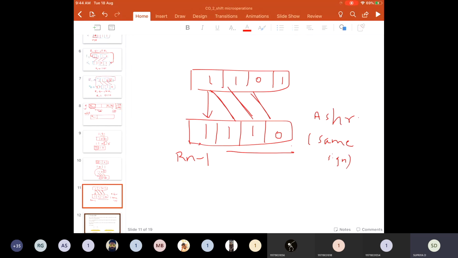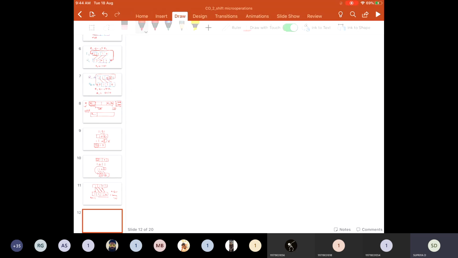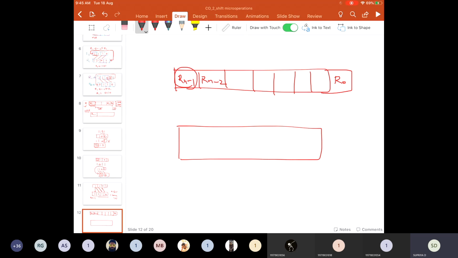But when we perform arithmetic shift left, see, I have arithmetic shift left. From R0 to R minus 1 we have, R minus 2 we have. So in order to perform arithmetic shift left, what we do is discard the R minus 1 bit, and it is shifted from R0 to R minus 2.